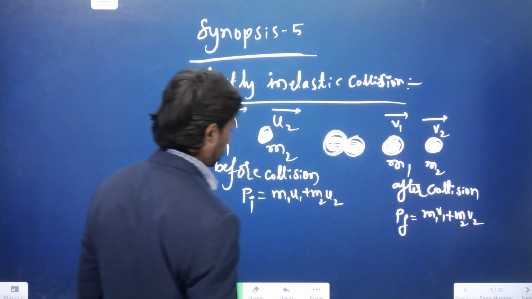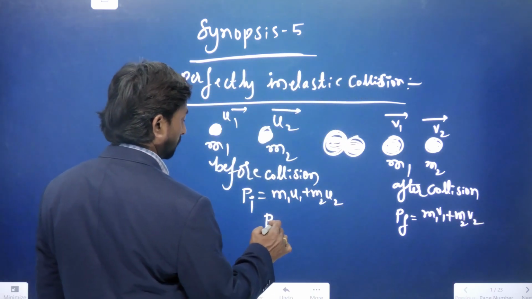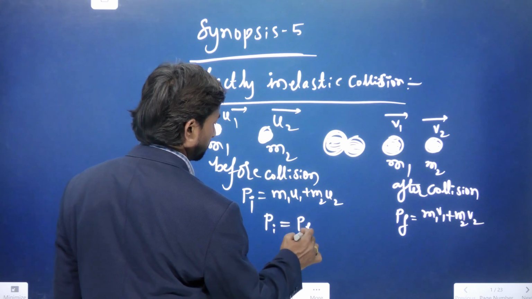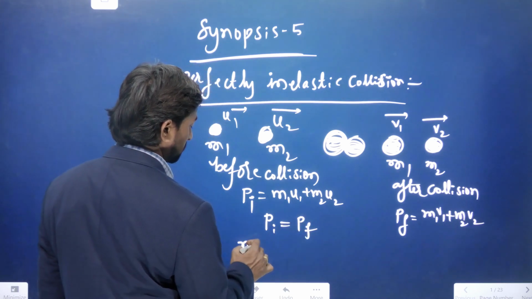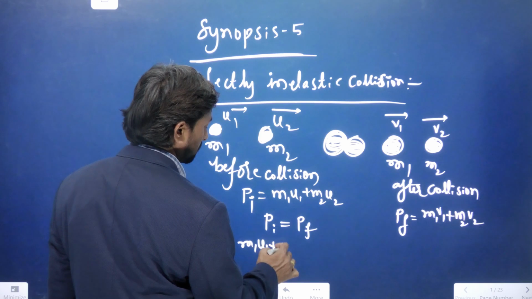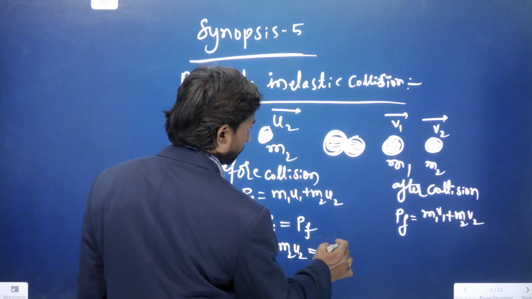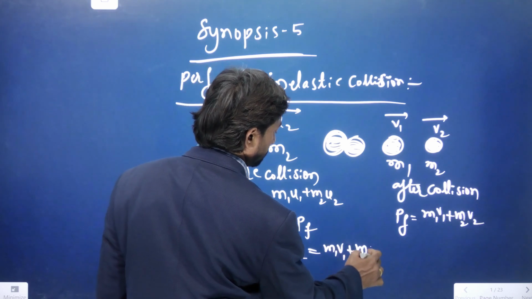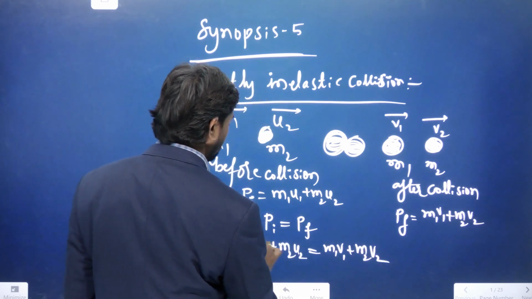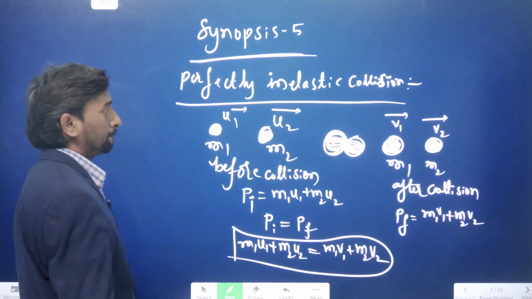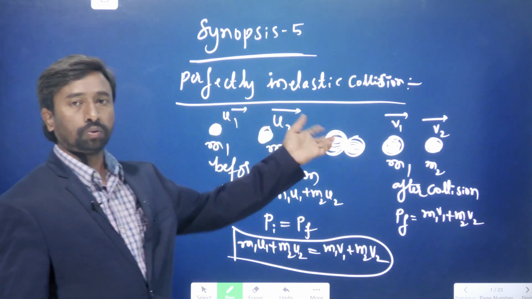According to the law of conservation of linear momentum, m1 u1 plus m2 u2 equals m1 v1 plus m2 v2. This is the expression for the linear momentum in the inelastic collision.